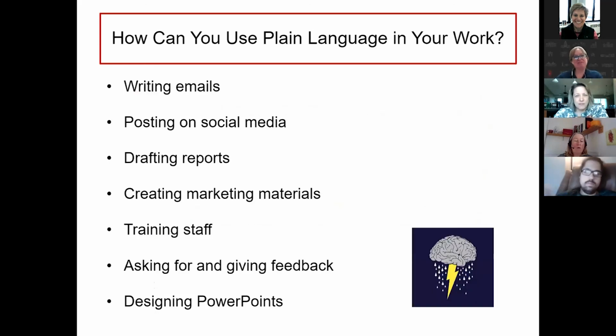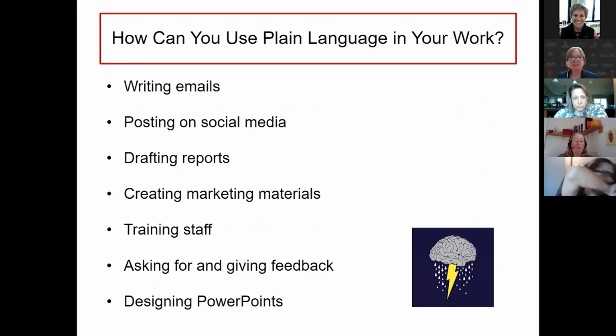All right. So when we think about using plain language in our work, these are some of the top ways that people have talked to us about that they found useful right away. Writing emails is one of the first ones people think of.